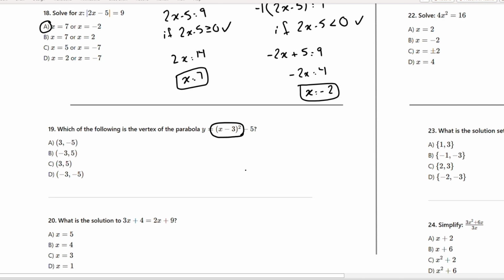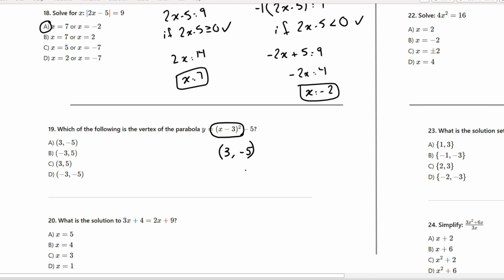If x is equal to 3, this part would turn into 3 minus 3 equals 0 squared, which equals 0. And then the y coordinate, when we input 3, would equal negative 5.